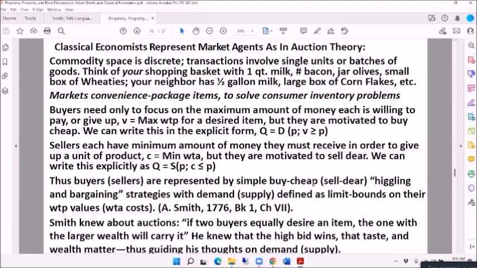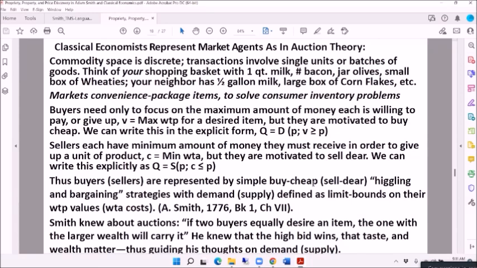Next time you go to the supermarket, you've got one thing of each item. You don't buy multiple units of items because they come packaged. Multiple units are packaged. You get a small, medium, large, or super large box of cornflakes or Wheaties. And that's universally true in these consumer markets.